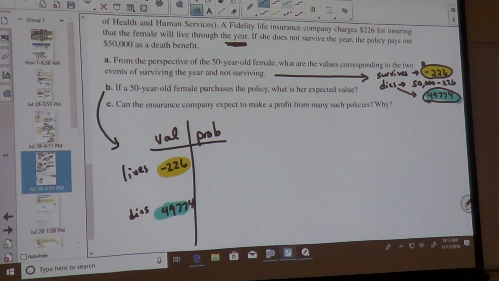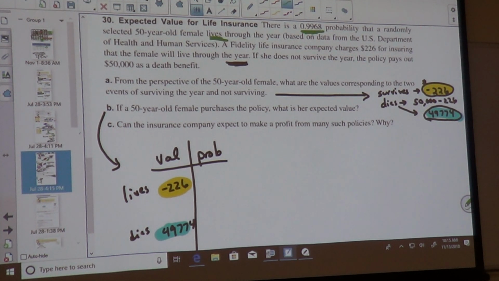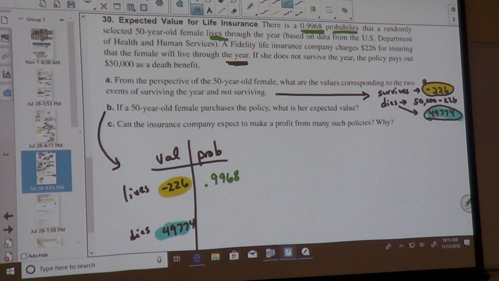Now, we want to know what is the probability that she lives. Right here, they told you. This is the probability that she lives. So there is a 0.9968 chance that she lives. How are we going to figure out the probability that she dies?